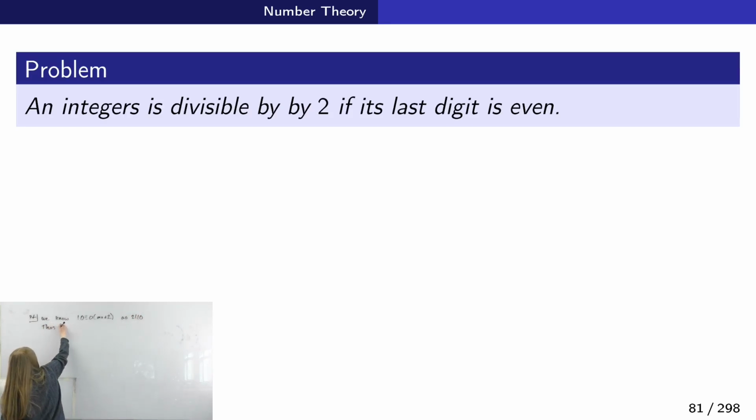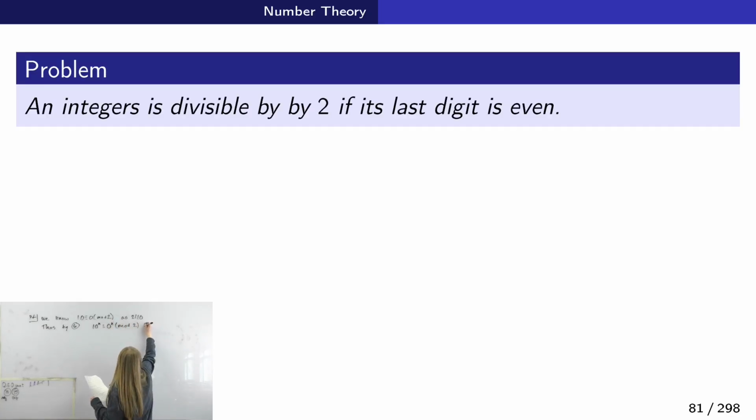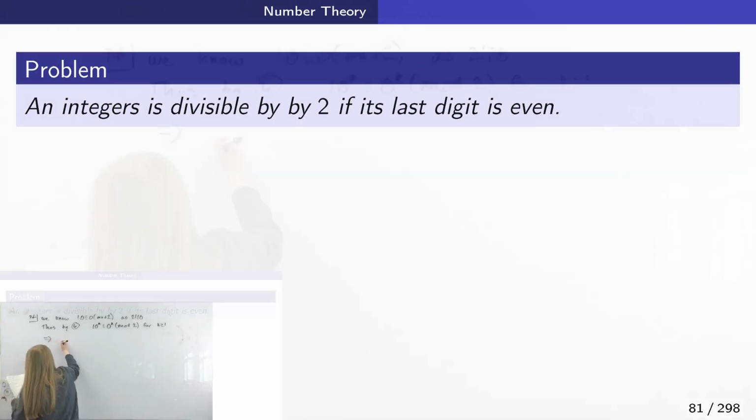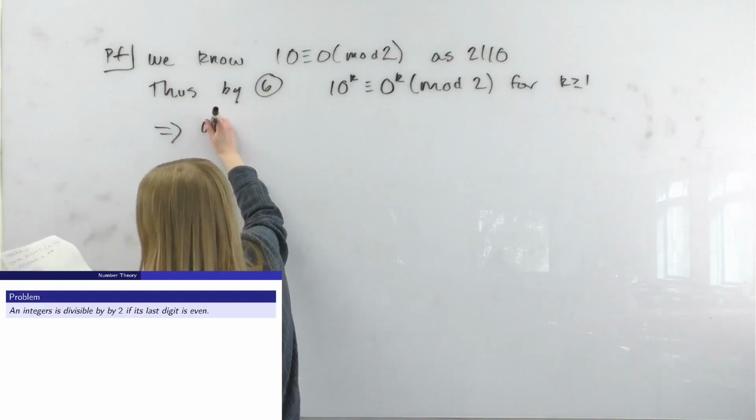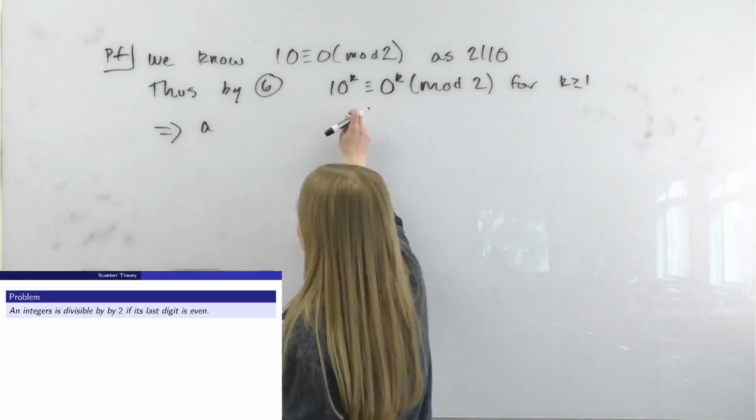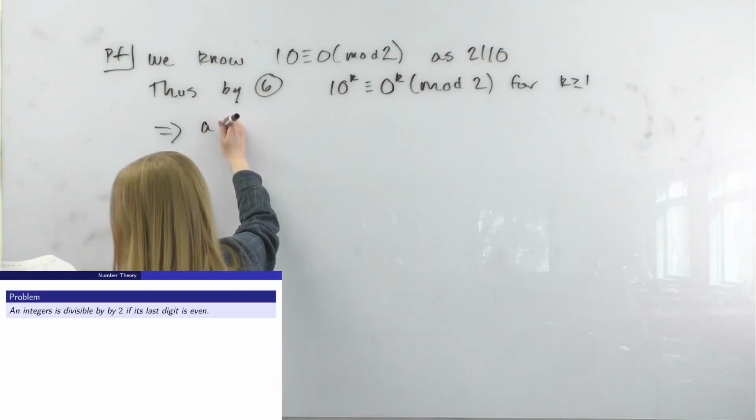Thus, by the previous theorem, 10 to the k is congruent to 0 to the k mod 2, for k greater than or equal to 1. We can also multiply both sides of these, as in that previous theorem.